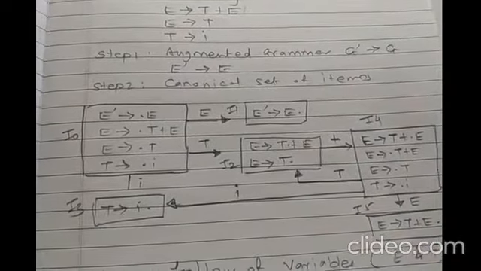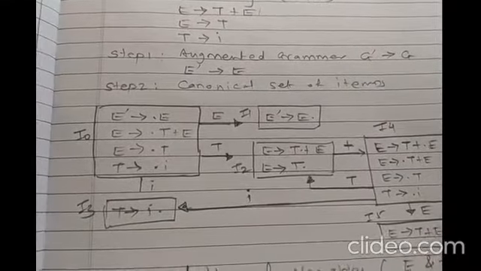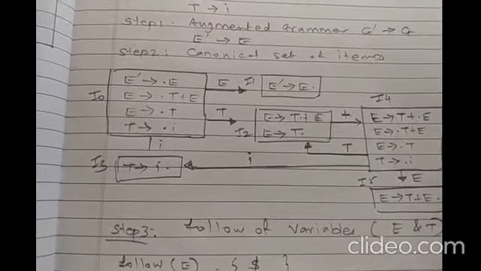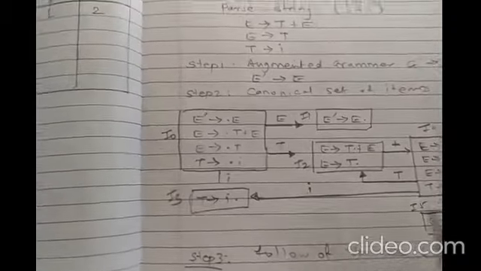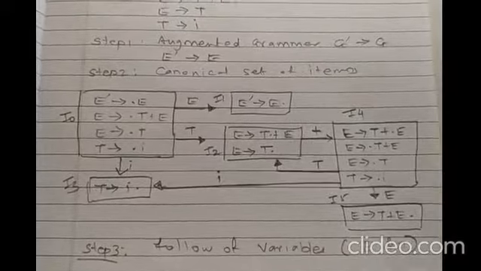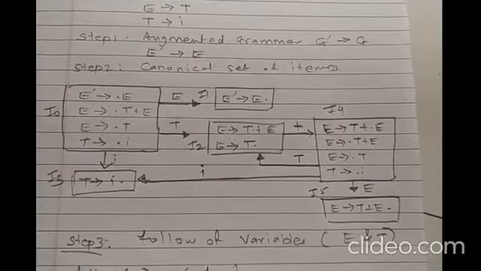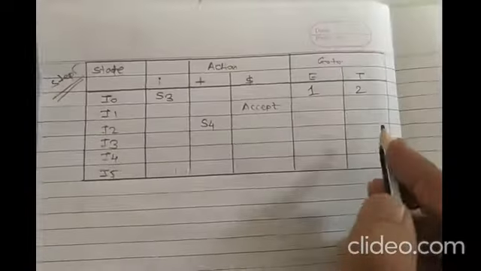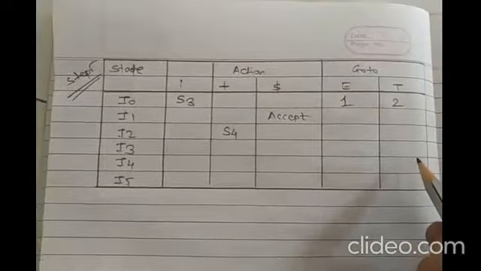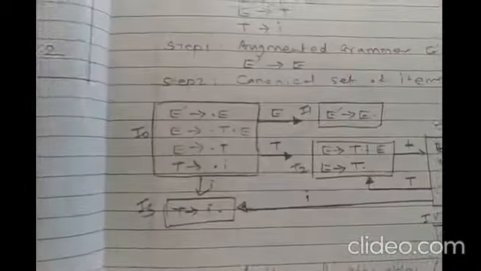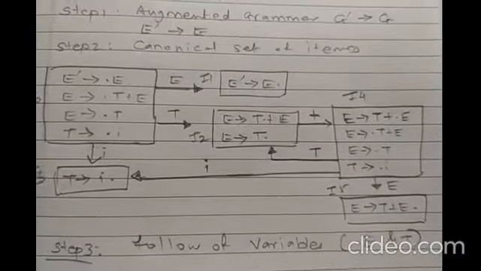Next, I2 is having only one operation. Then I3 also doesn't have any operation, all are incoming edges. Then I4 on T goes to I2, that is why 2. And I4 on E goes to I5.